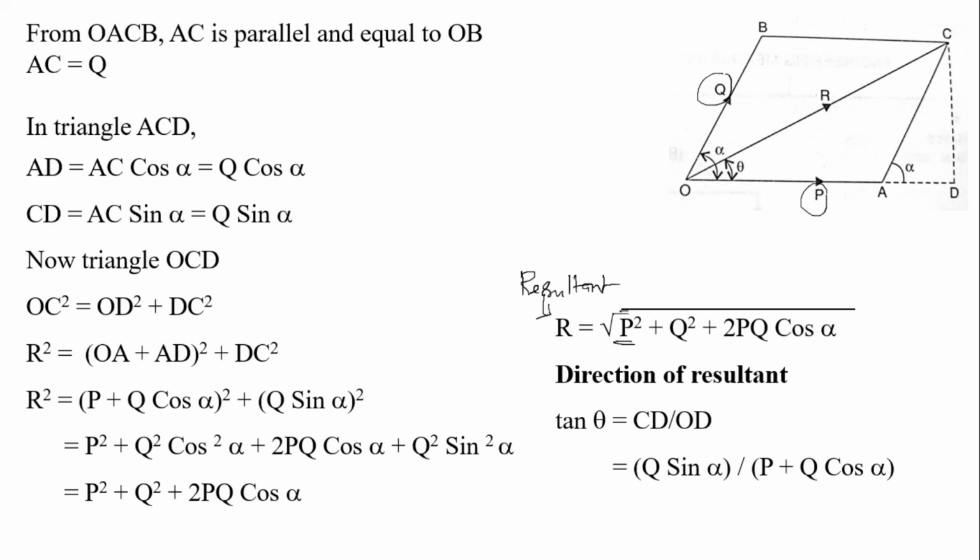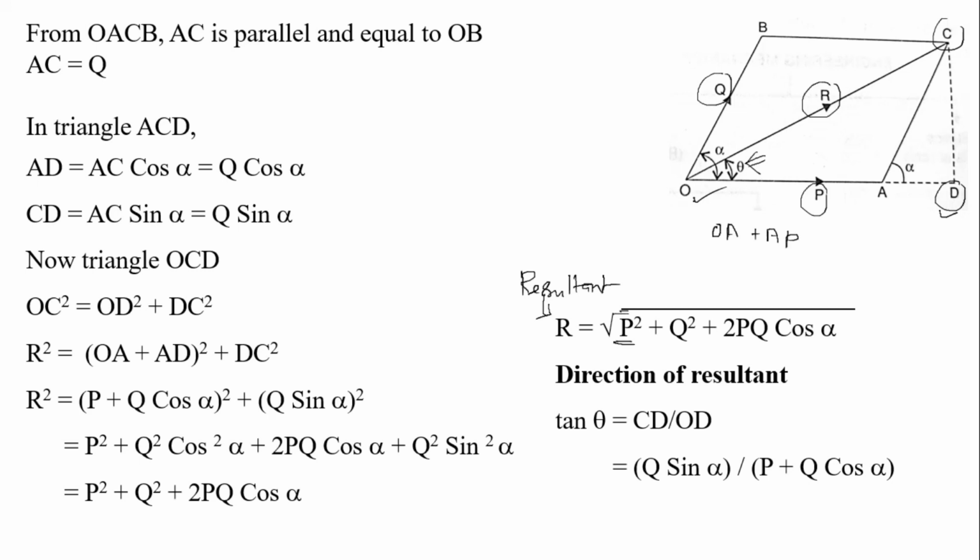Then we need to find the angle theta, I mean the resultant with respect to force 1, right? So tan theta is equal to opposite by adjacent, so opposite is CD divided by adjacent, which is OD, right? So OD we can write in the form of OA plus AD.